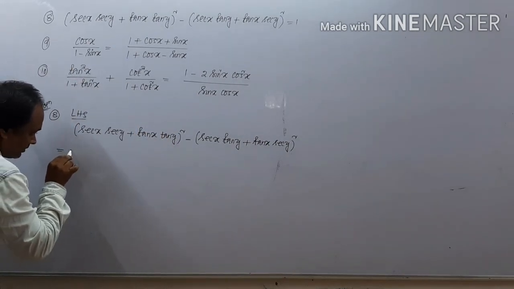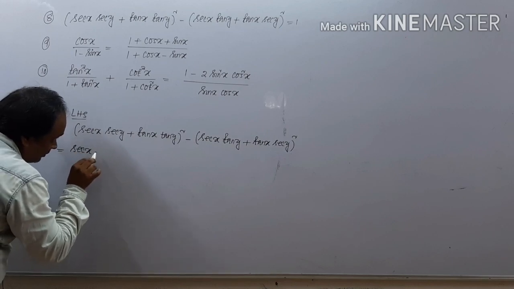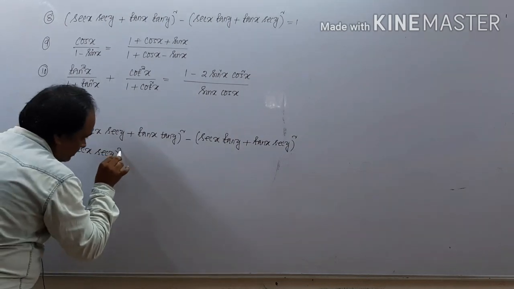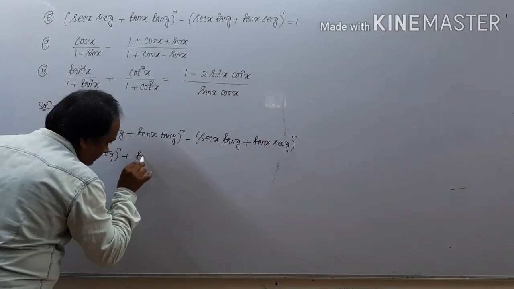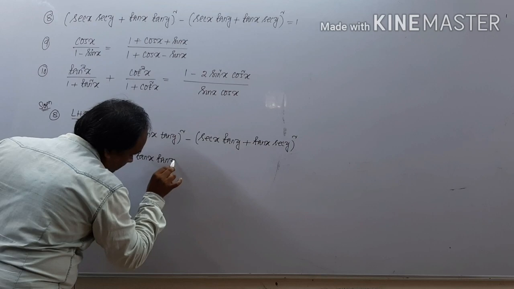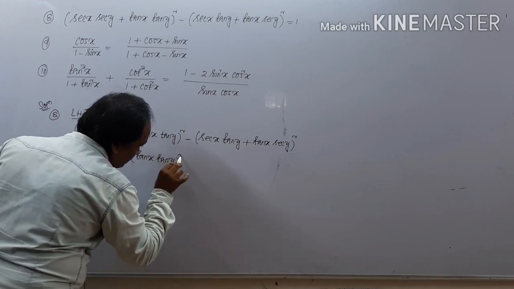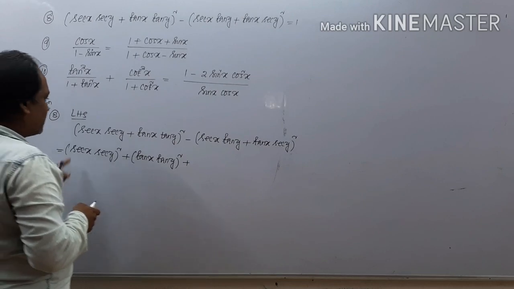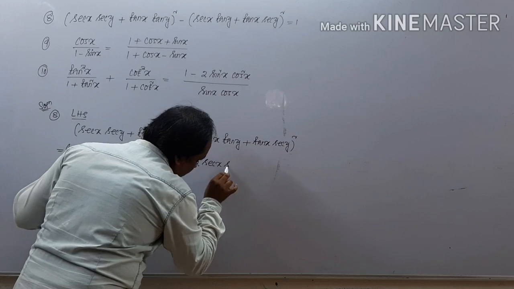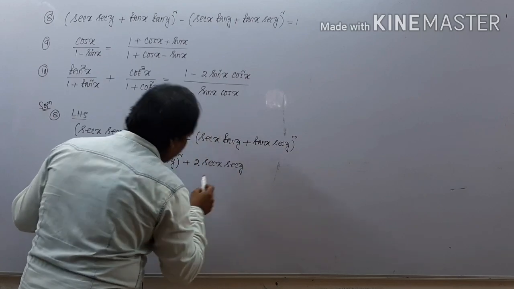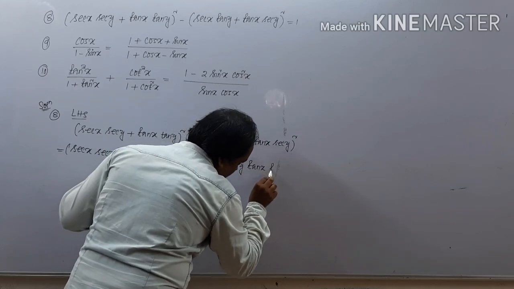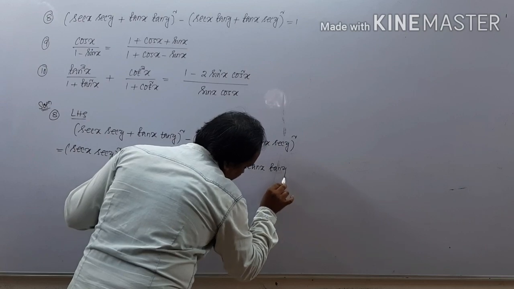So clearly see that this is (sec x sec y) whole square plus (tan x tan y) whole square plus 2ab, that is equal to 2 sec x sec y into tan x tan y.